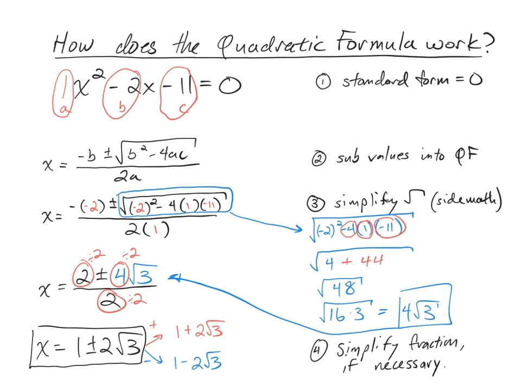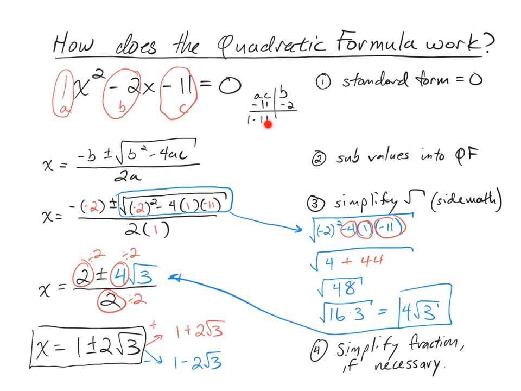Before I forget and move on to the next example, I just want to point one other thing out. How does the quadratic formula work? Well, I forgot to check right at the beginning, and I will make sure to do this in the next example. If you just do a quick check, how I teach factoring here, if you just do a quick check of your target product of A times C being negative 11, and your B value being negative 2, and the only factors of 11 that I can think of are 1 and 11, and since AC is negative, one of these has to be negative.